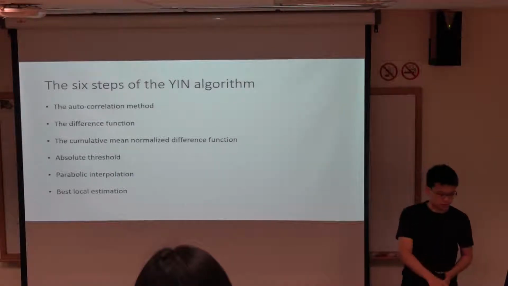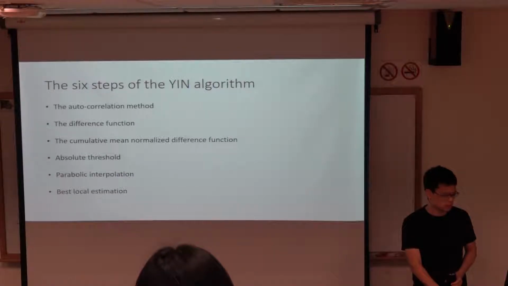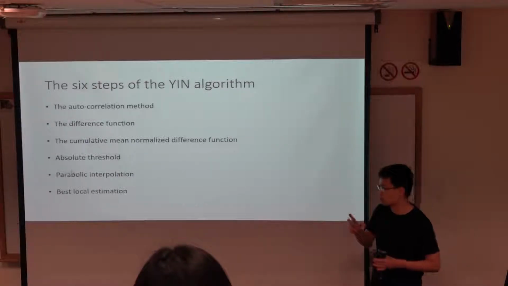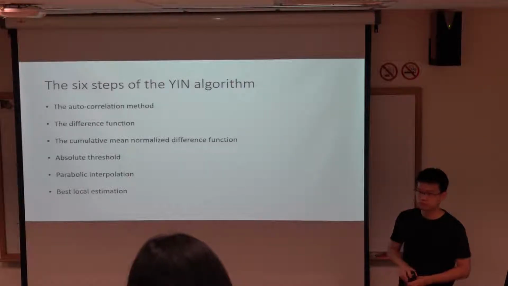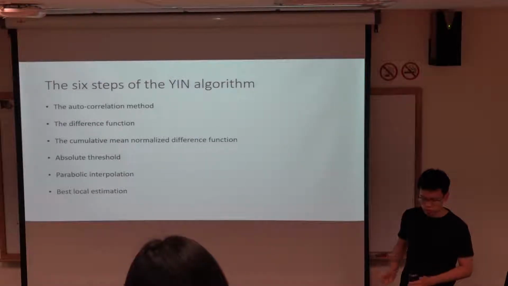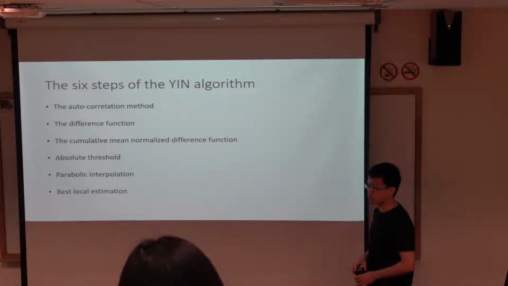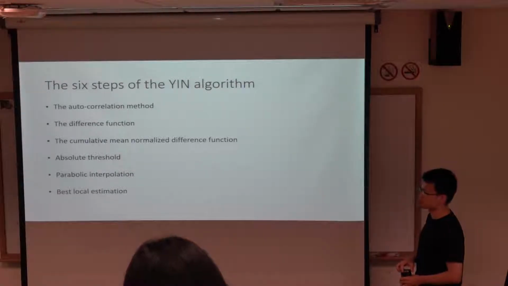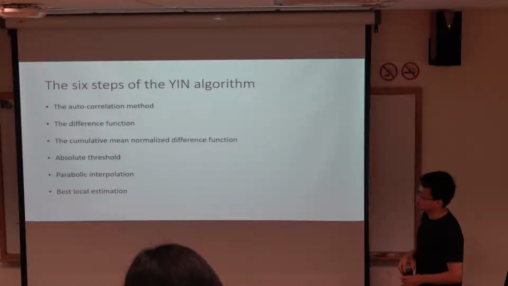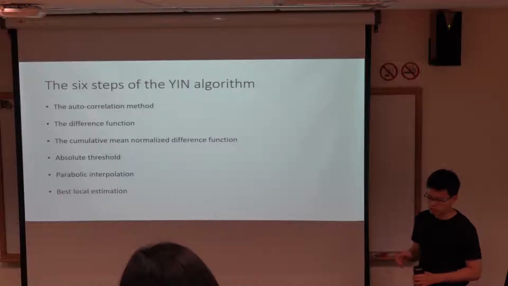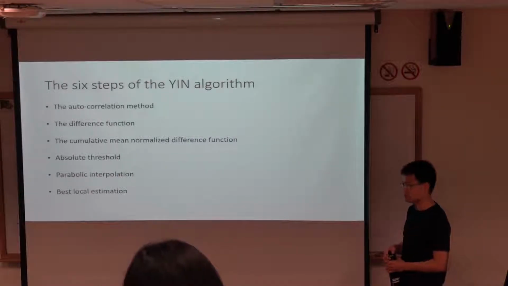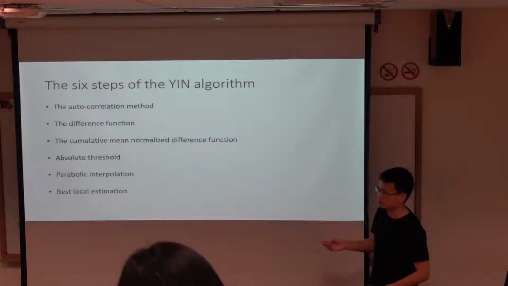However, the 5 steps here are all modifications to the autocorrelation method. So first we will look at how the autocorrelation method does the pitch detection, and then we will see what the disadvantage of that method is. Then we'll look at the modifications.